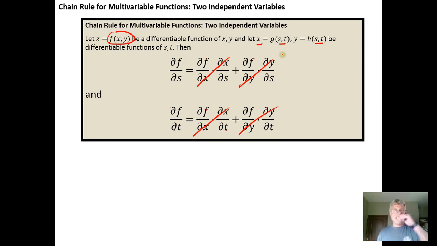And these ideas extend to functions of more variables. They also would extend to functions of many more independent variables. So for example, if my function was f of x, y, z instead of x and y, and we knew that z was itself a function of s and t, to get the total change in f with respect to t, we would have to add on the z term.